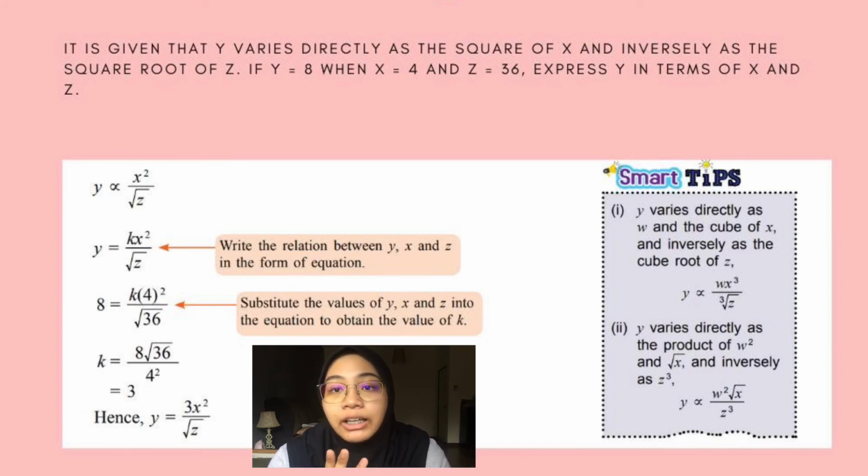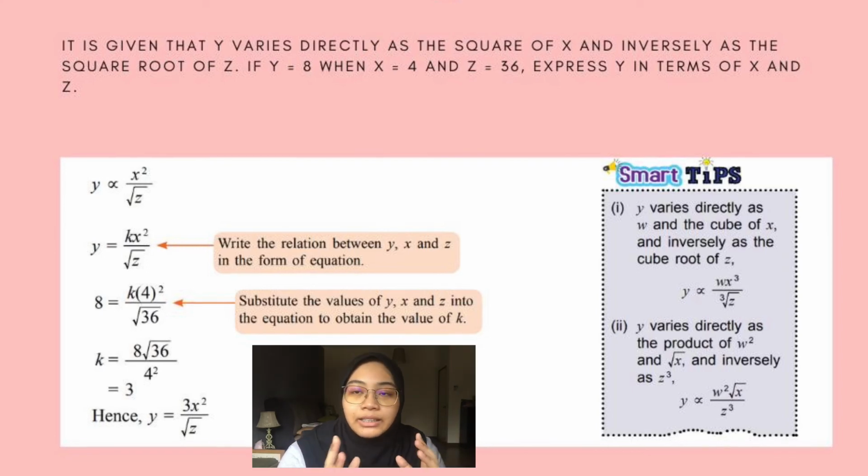They gave us y equals 8, so in the position of y in our equation, we just replace y with 8. Then we have x equals 4, so where our x was in the original equation, we substitute it with 4, and the same with z. Z here is 36. So you take all the values given in the question and put them inside your equation.